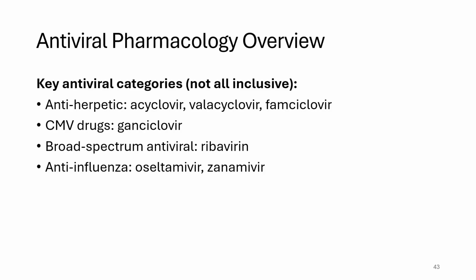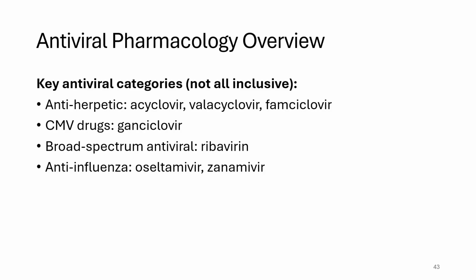Next are CMV drugs, so cytomegalovirus drugs, ganciclovir being the key medication, primarily used in immunocompromised patients such as transplant recipients because it does have significant toxicity, so it's reserved for severe infections.